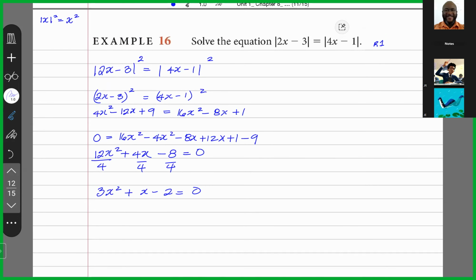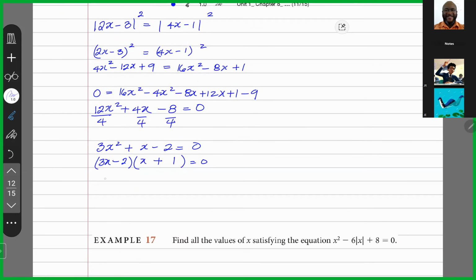Next, let's factorize. We should be able to factorize. We have 3x, x, 2, or is it 1 there? 1 plus, 2 minus is equal to 0.